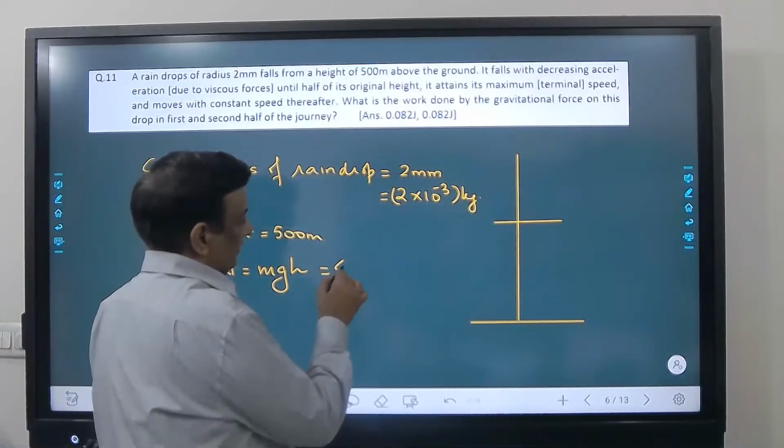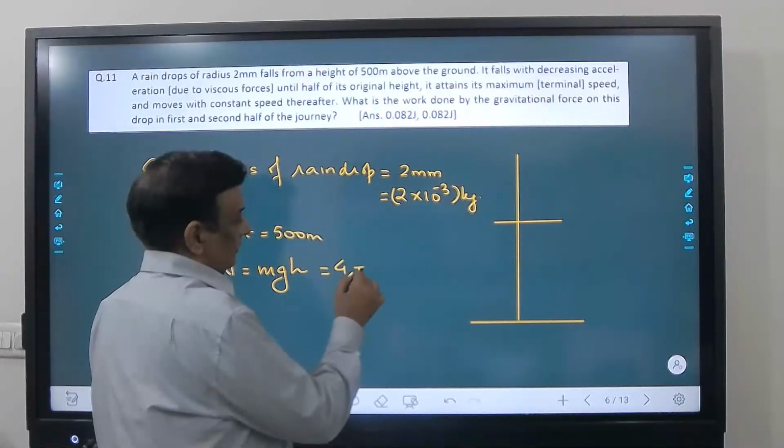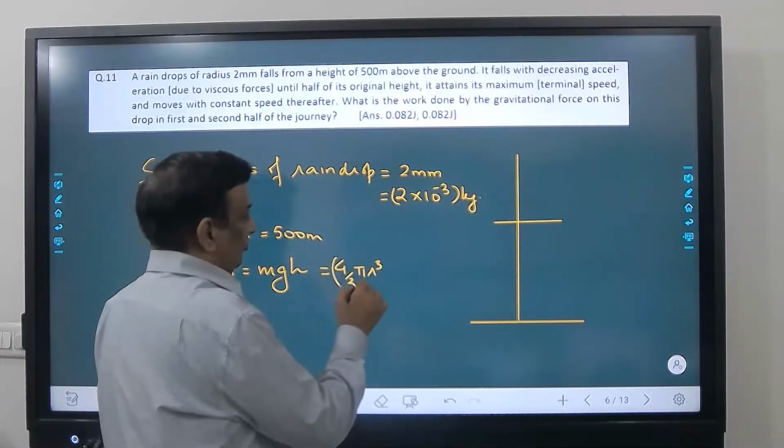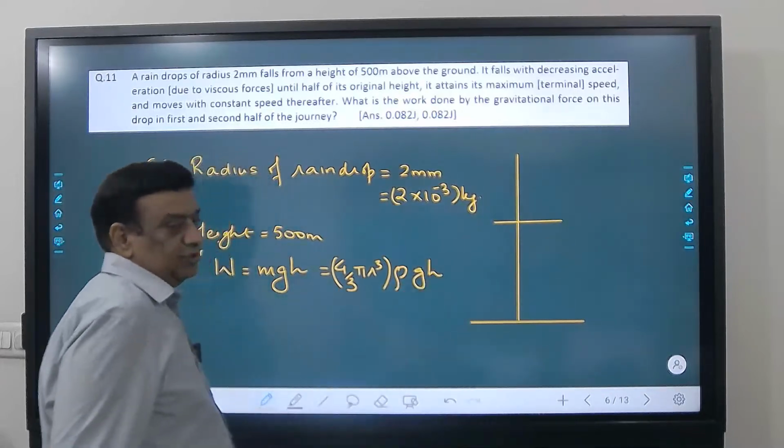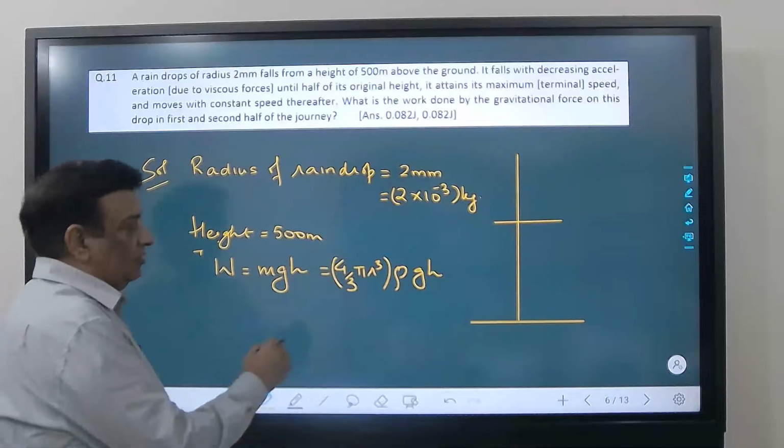Mass is volume of raindrop into density of raindrop into gh. तो मैं सारी वैल्यूज गिवन है.